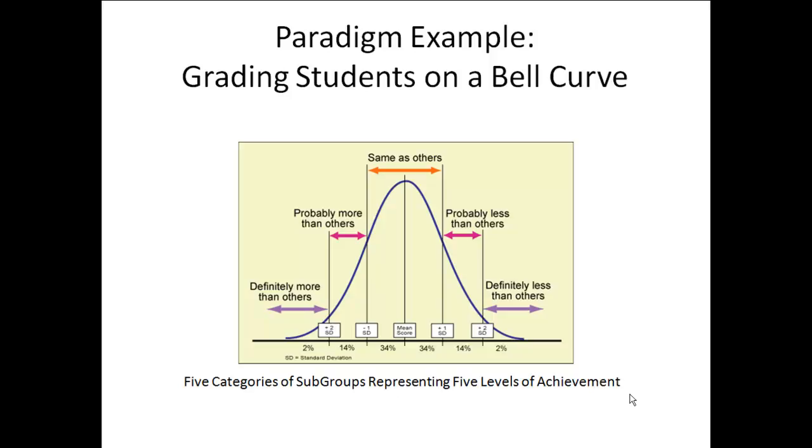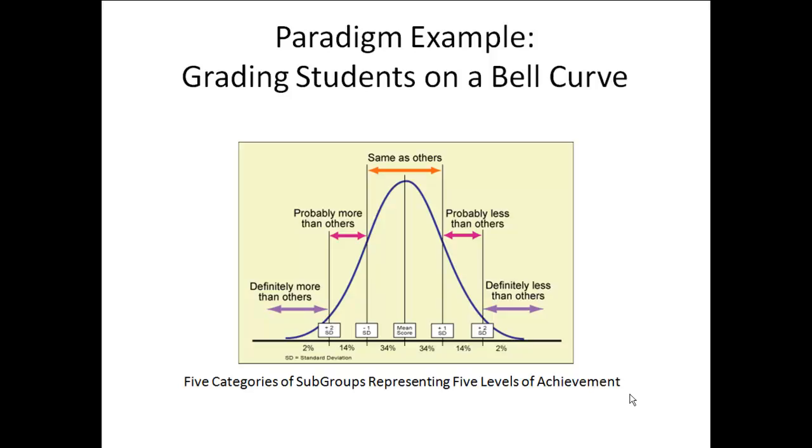Well, when the paradigm is used to place students on a bell curve, what that does is it formulates the following result, and that is that some students will definitely be in a subgroup that represents failure. There will also be another small outlying group of students that represents outstanding achievement.